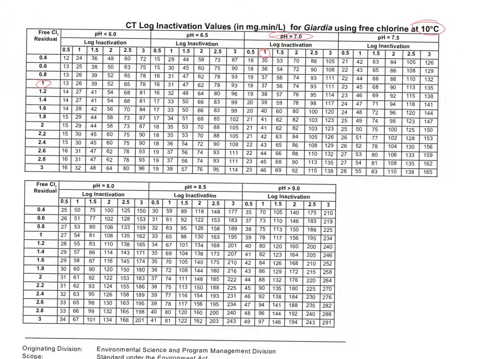So we look in the table and we see that 37 milligram-minutes per liter is our required CT. So what is the required CT? Required CT equals 37 milligram-minutes per liter.